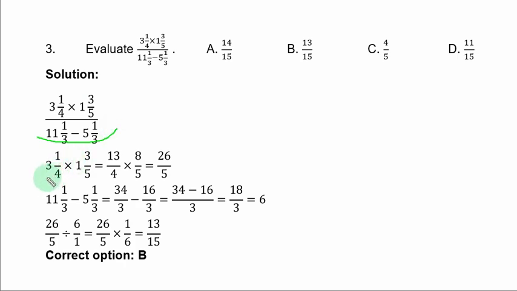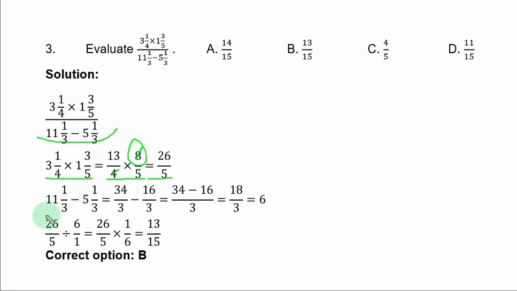Let's start with the numerator. You convert the mixed fractions to improper fractions in this form. When you reduce and multiply, you have 26 over 5. Precisely, you can divide 8 by 4. You have 2 remaining here, times 13 is 26 over 5.